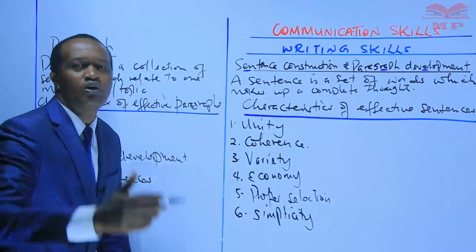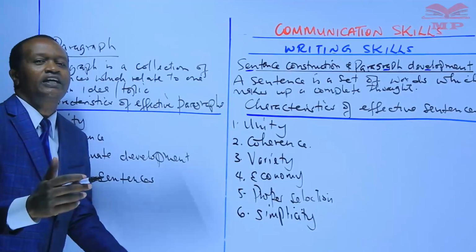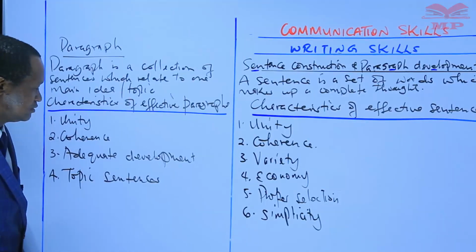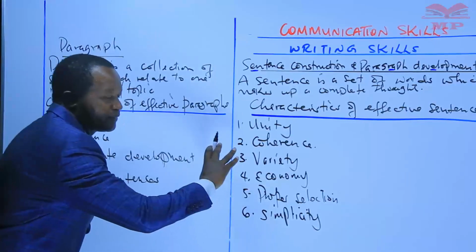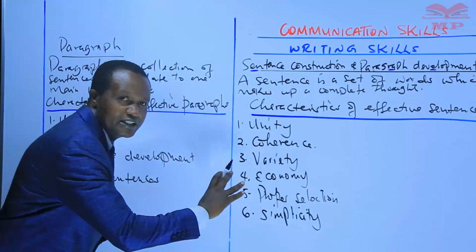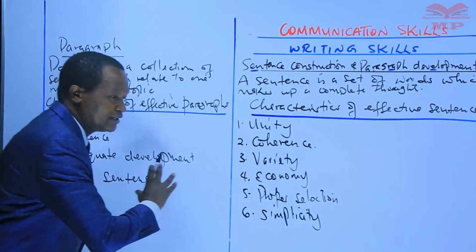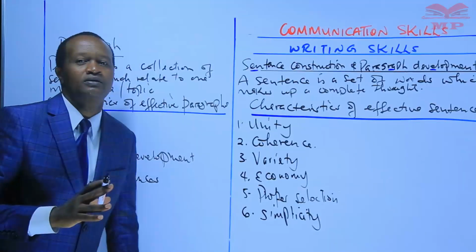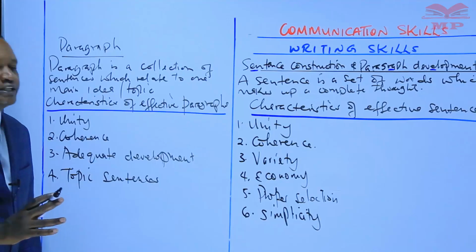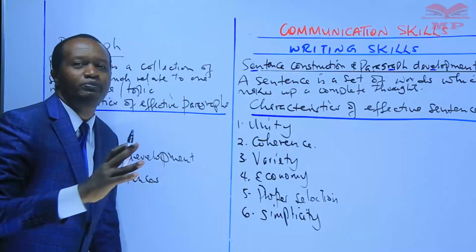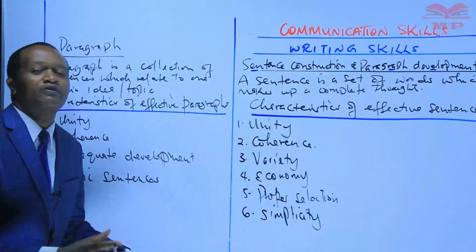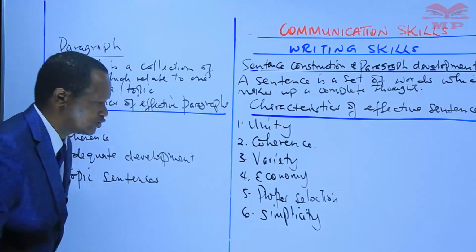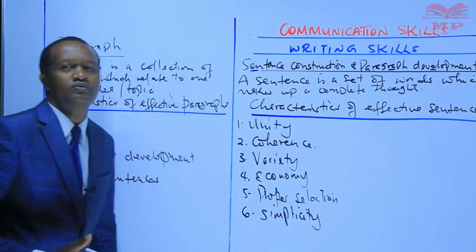And the function of a topic sentence is to describe what the paragraph will be about. When beginning a paragraph, make sure you begin with a topic sentence. A topic sentence helps the reader to know what the paragraph will be about, such that the reader has clear expectation about what will follow.